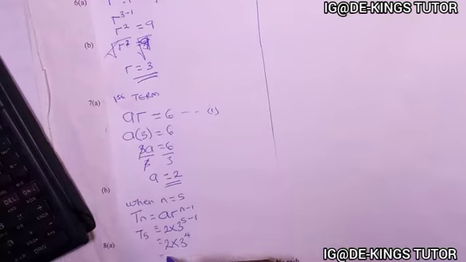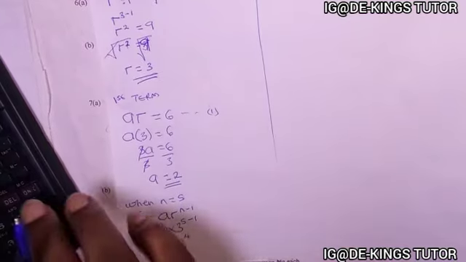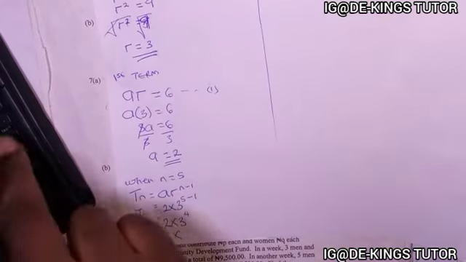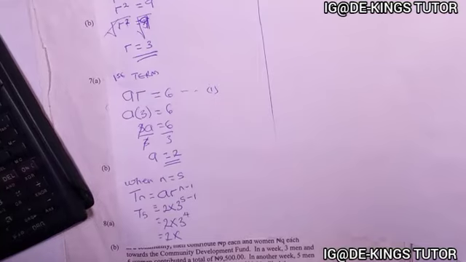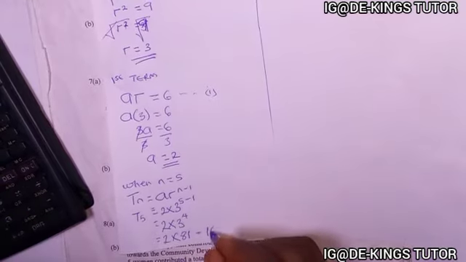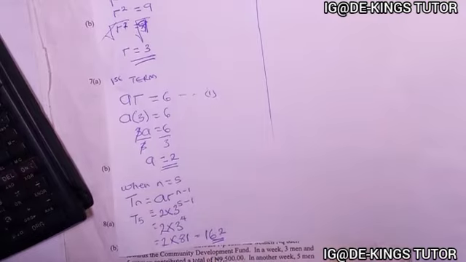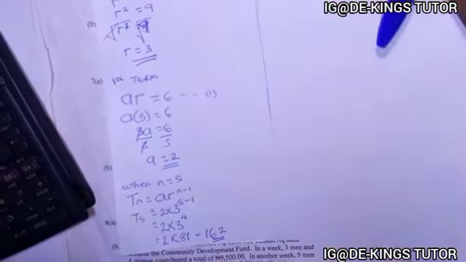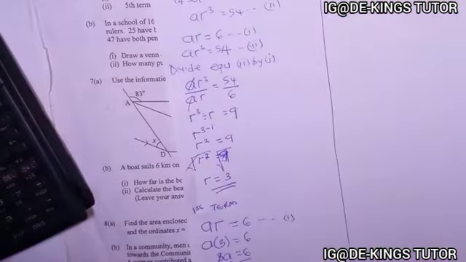So we now have 2 times 3 raised to power 4. 3 raised to power 4 gives us 81. So 81 times 2 is equal to 162. So the value of the fifth term is 162.